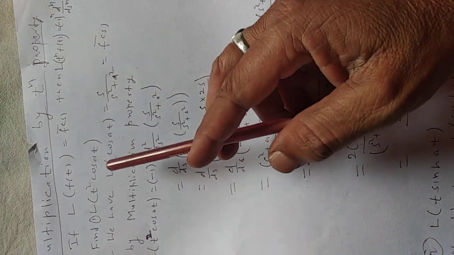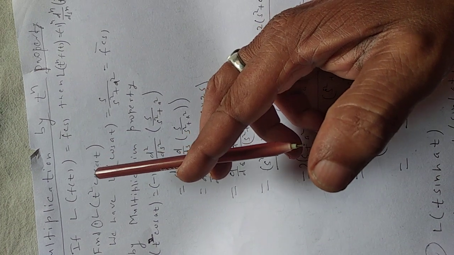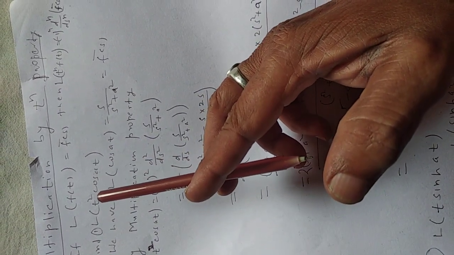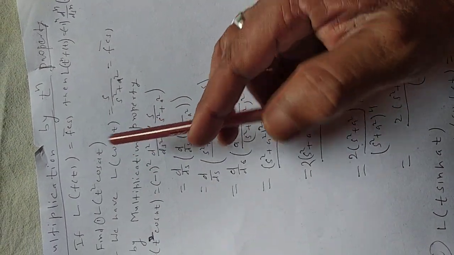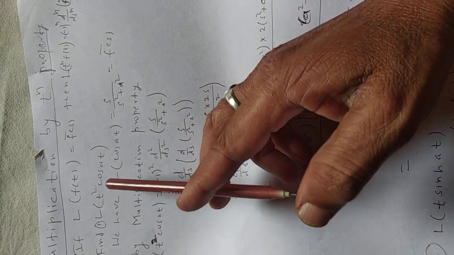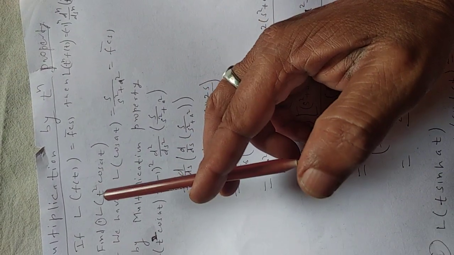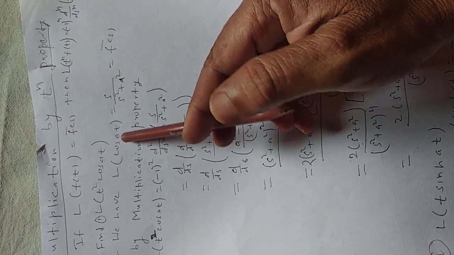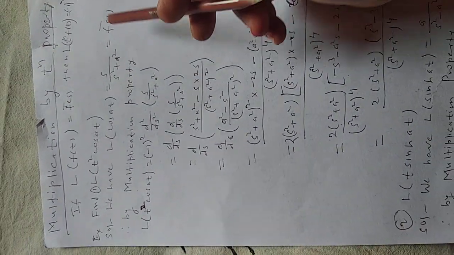My suggestion is whatever remains after multiplication by t raised to n, that is your f(t). So here t square into cos at. T square, leave it, and what remains? Cos at remains. So cos at is your f(t), and Laplace of f(t) is equal to f bar of s.